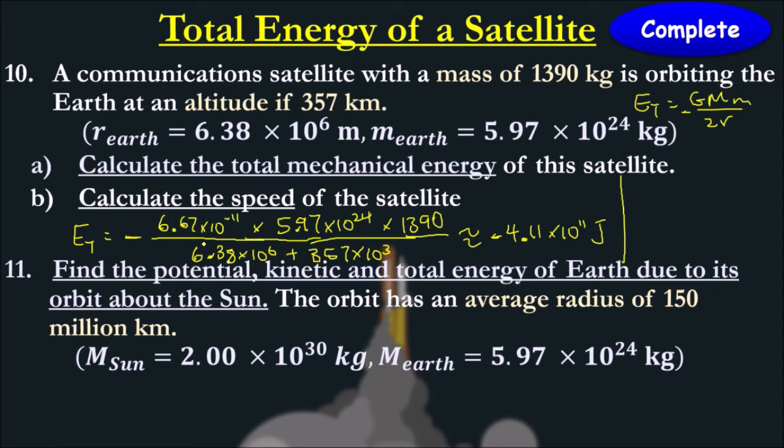The next question is to calculate the speed of the satellite, or its orbital velocity, which you can simply do using this formula here, or you can derive it yourself if you don't know how to do it.